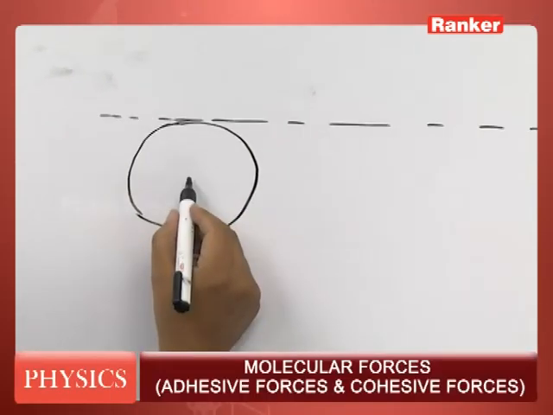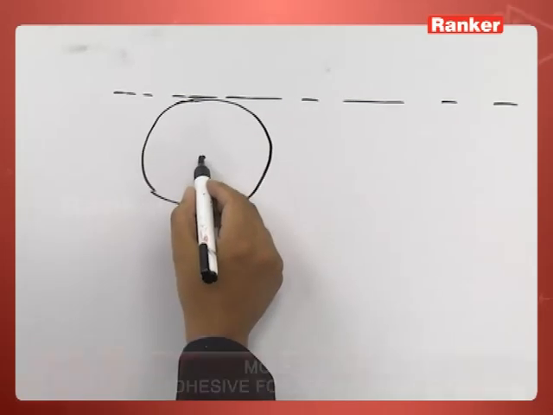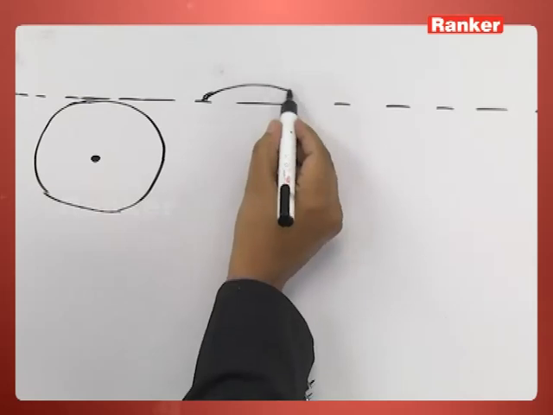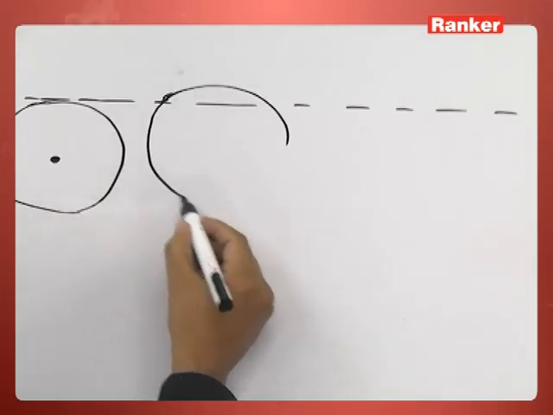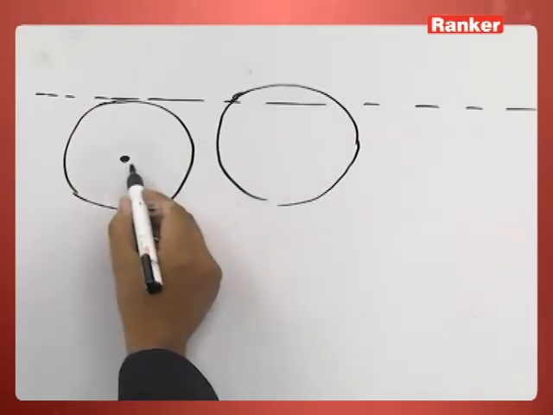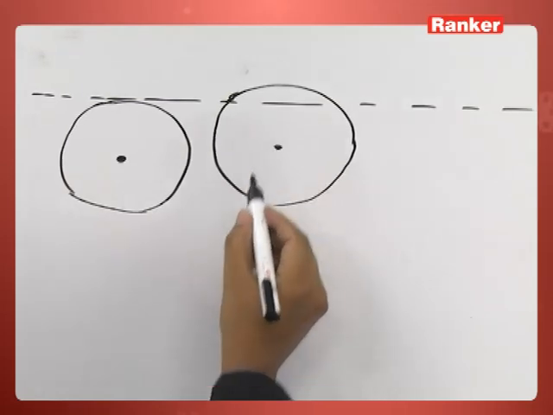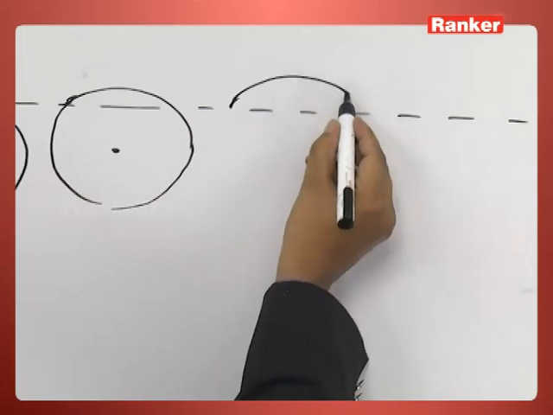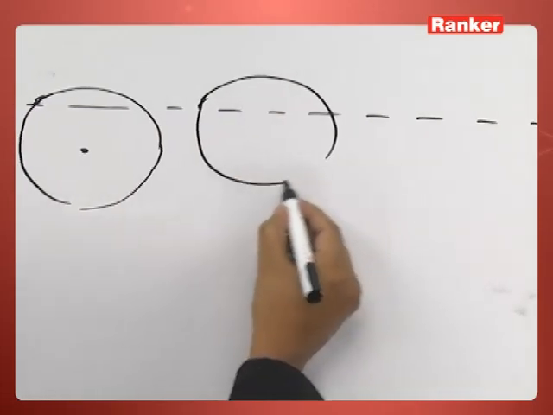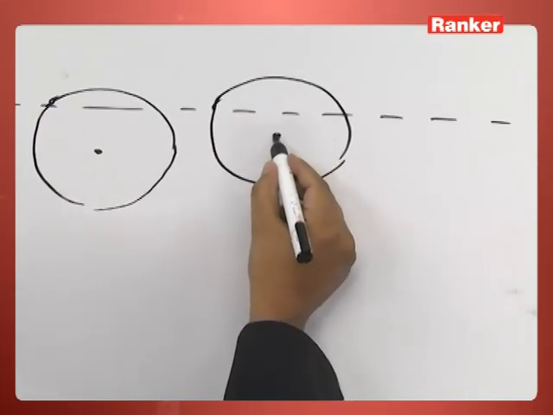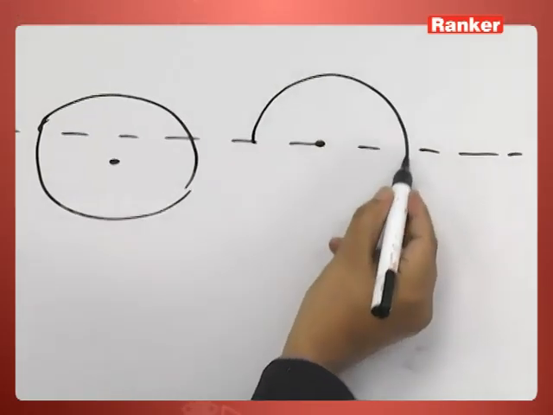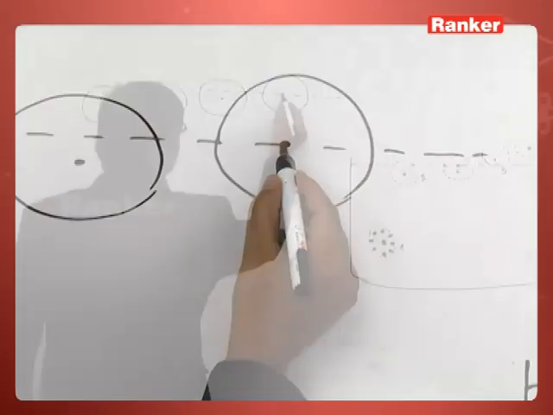Slowly this sphere of influence is brought up, meaning the molecule has been moved to this place, somewhat above it, and now it is on the surface.